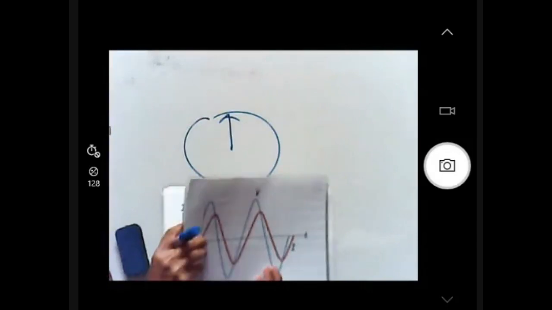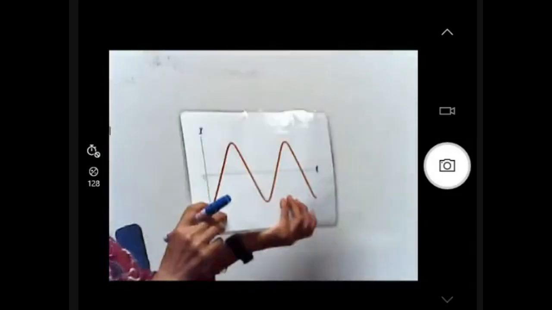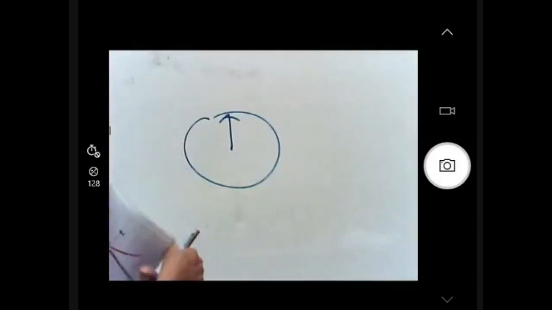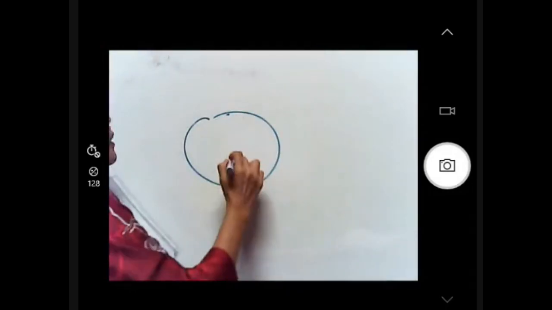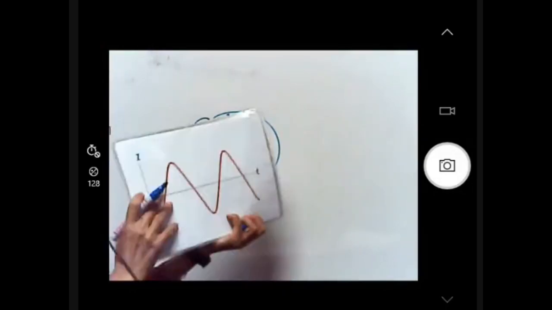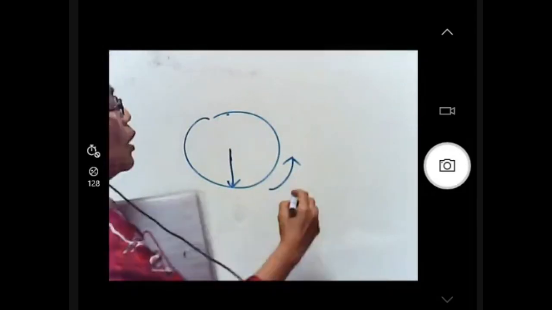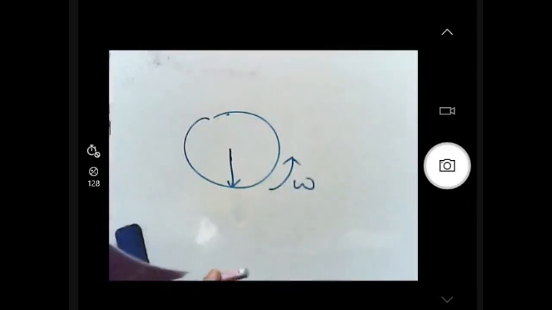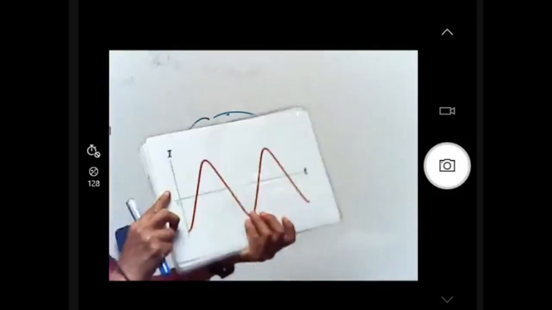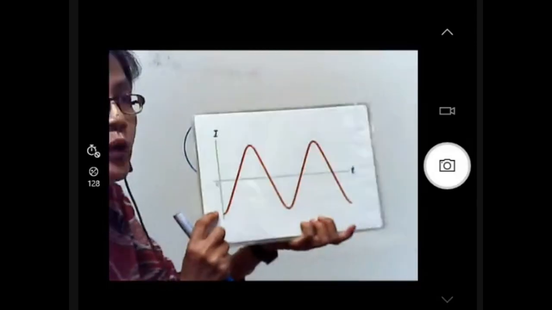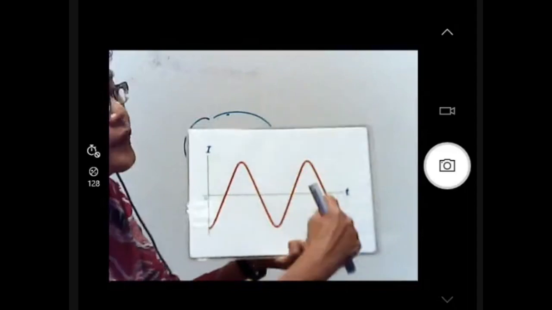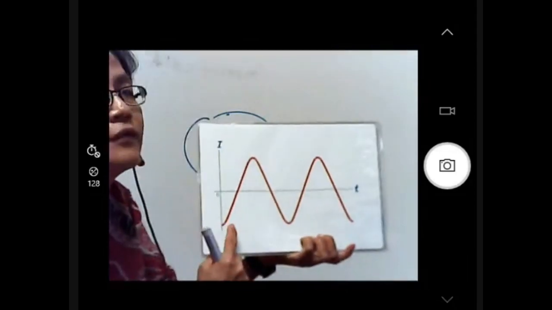For this, we know the vector is at this position. As it rotates, it will always rotate anti-clockwise. So the wave produced will be this form, a negative cos graph.